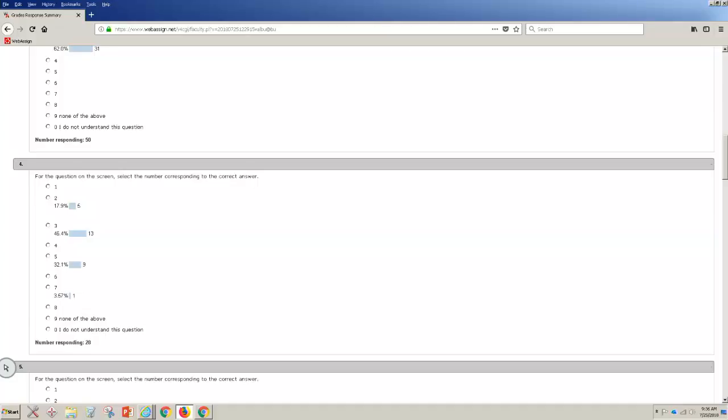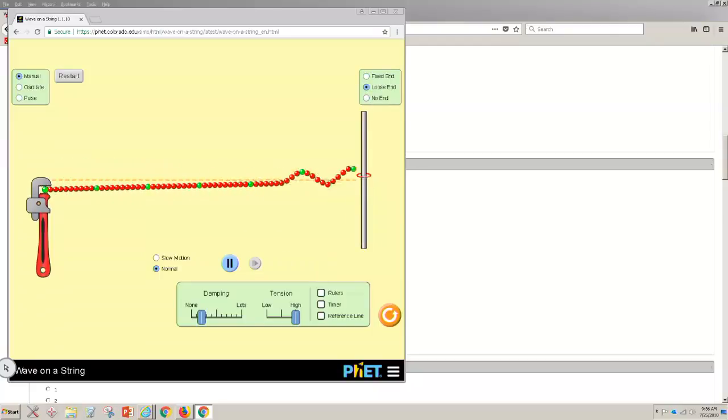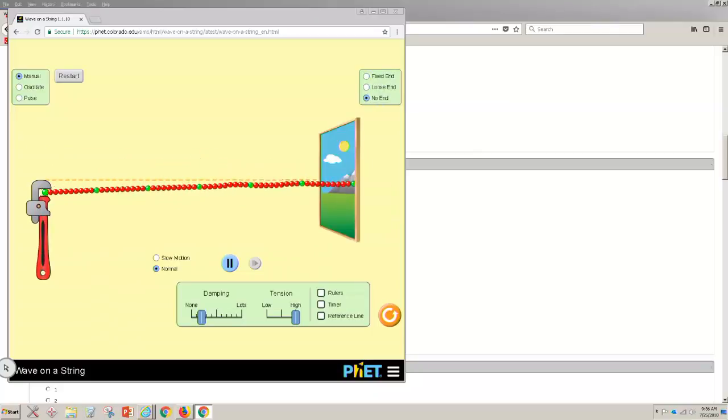Let's try to look at it. So again, this is an applet you can play with, one traveling wave when it reflects one way or another, and we will talk about it a little bit later. But a standard traveling wave looks like this.